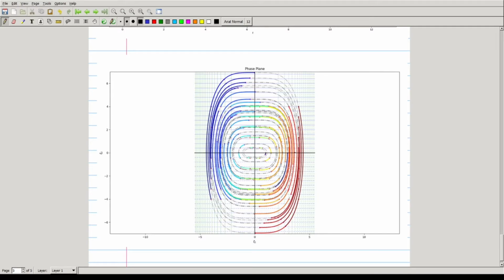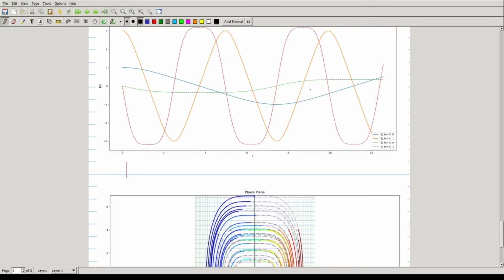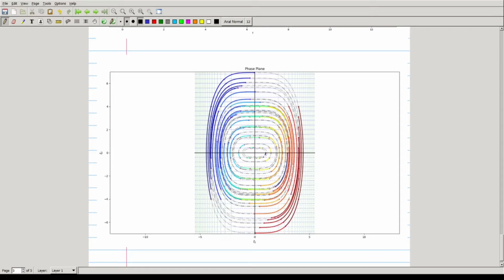This is initial condition 3 right here, and this is initial condition 1. This is really neat because you're seeing that the exact solution that we found matches completely with the numerical calculation, and the behavior that you're seeing here is directly related to the shape of the curve and how fast you're moving around the curve for different initial conditions.